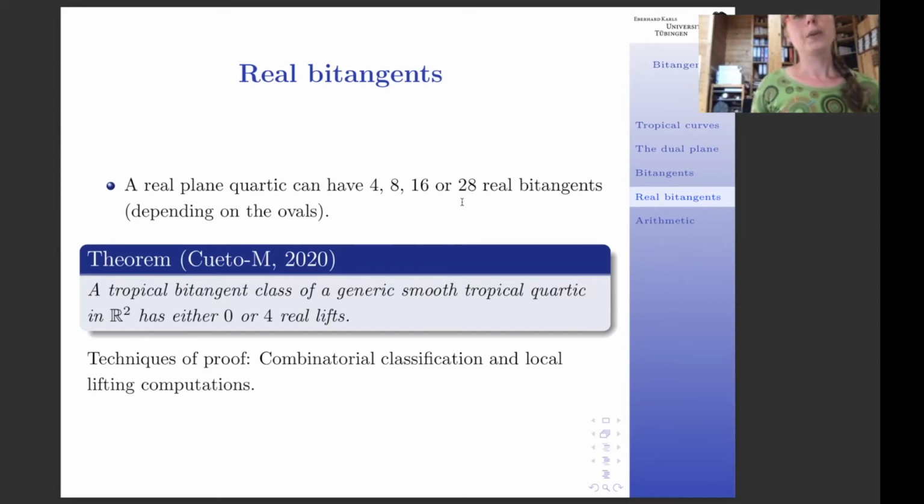So with Yoav already, we were conjecturing that if you change your field and work over the reals, and then consider a tropical bitangent class of a generic smooth tropical quartic, then you have either none or 4 lifts over the real numbers, but not something partial, right?